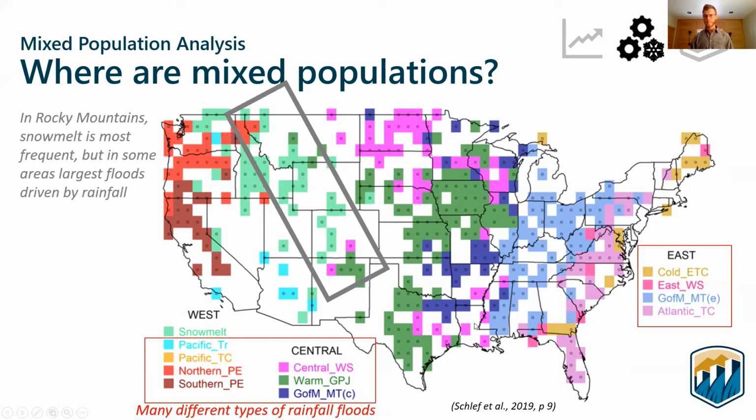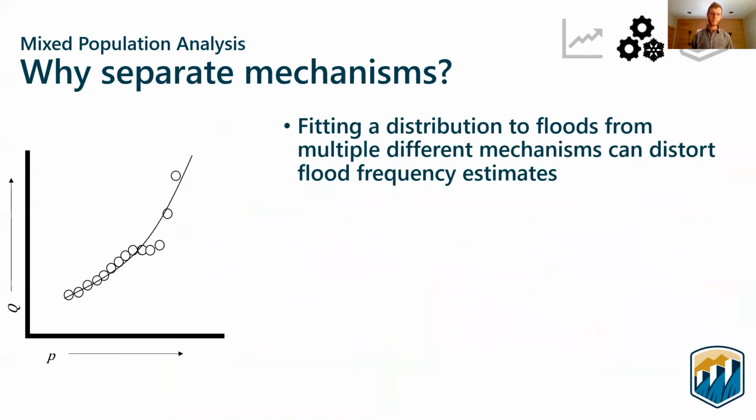What you probably have in the basins that you work with as certified floodplain managers, or working with stormwater, are rivers that most years have snowmelt floods, but occasionally, like we've seen in Boulder, you have a rain flood that is much larger than the snowmelt floods. That would represent a mixed population.